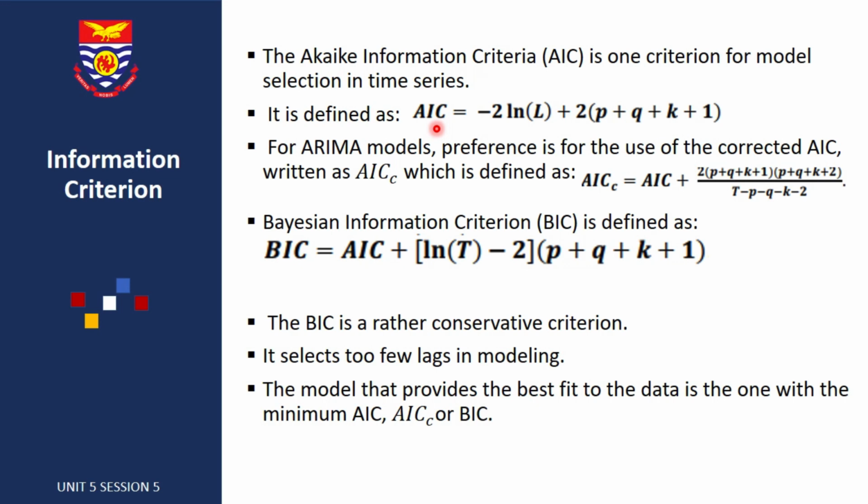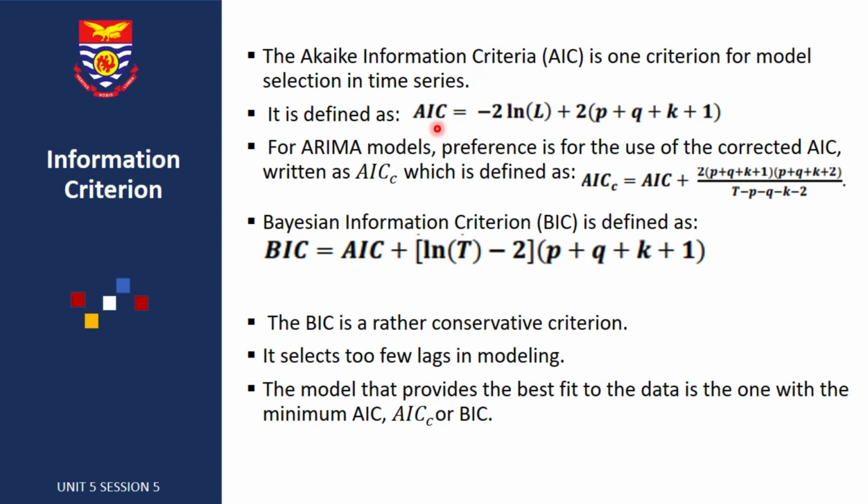In statistics, the Akaike information criterion is used to compare different possible models and determine which one best fits the data. The AIC is calculated from the number of independent variables used in building the model and the maximum likelihood estimate of the model.